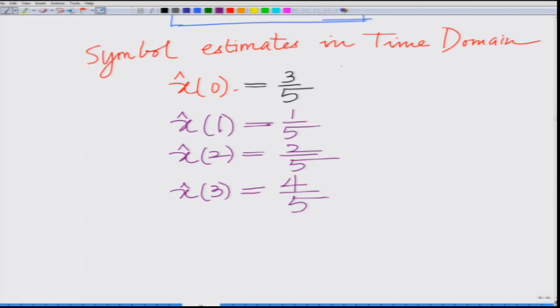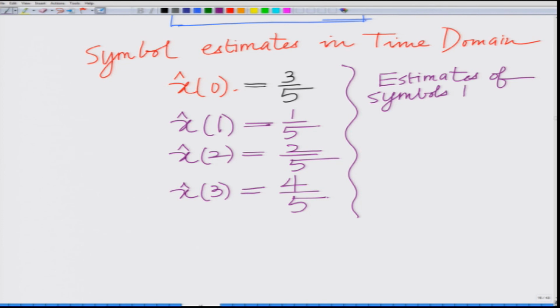So, these are the estimates of symbols transmitted in the time domain, and that completes your FDE, which is basically the frequency domain equalization example.